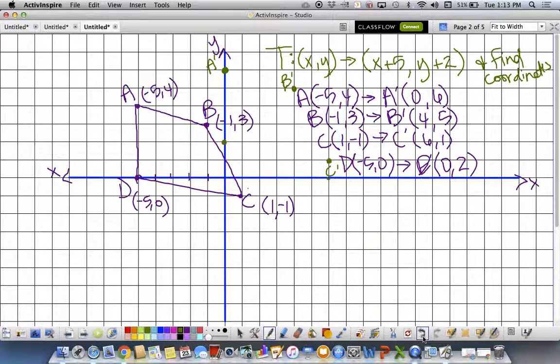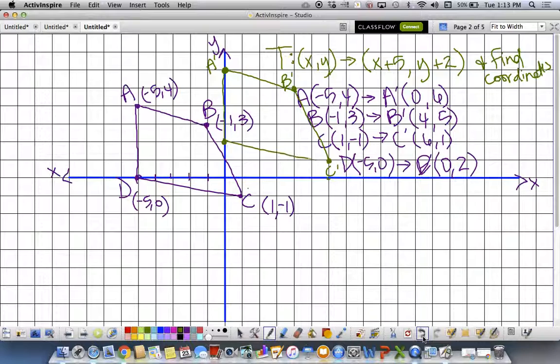0, 2. So look at another thing you can look at to check yourself. From A to B, you went down 1 over 4. Do we go down 1 over 4? Yes. From B to C, do we go down 1, 2, 3, 4 over 2? Yes. From A to B, did we just go straight down 1, 2, 3, 4 units?